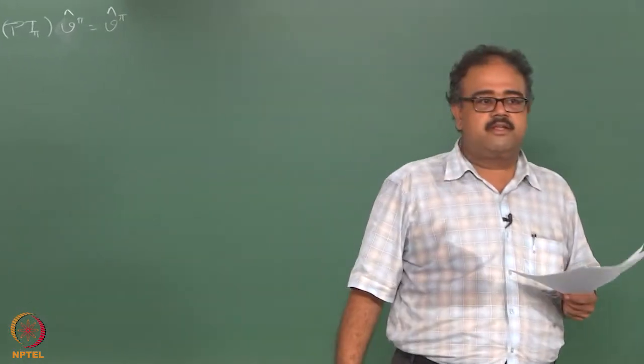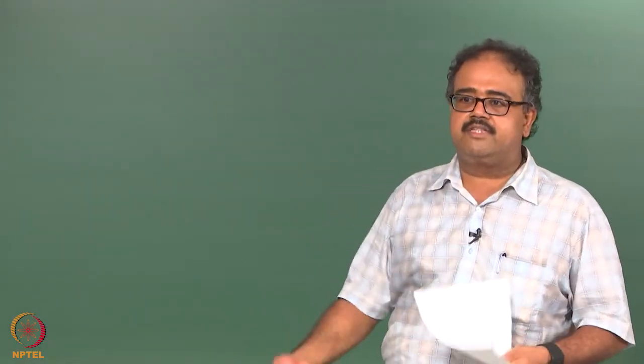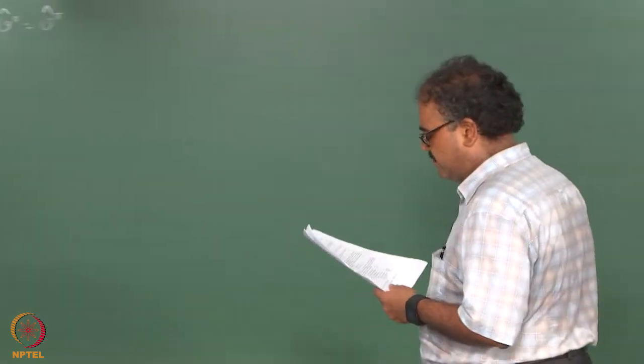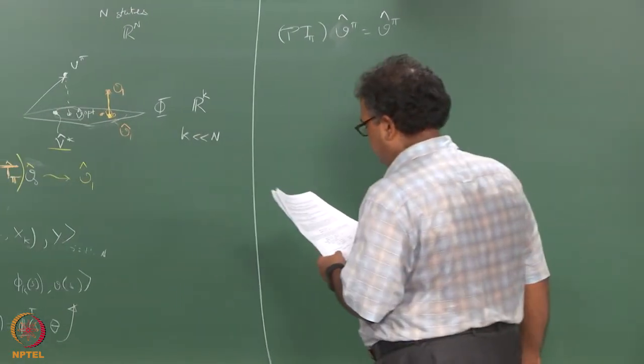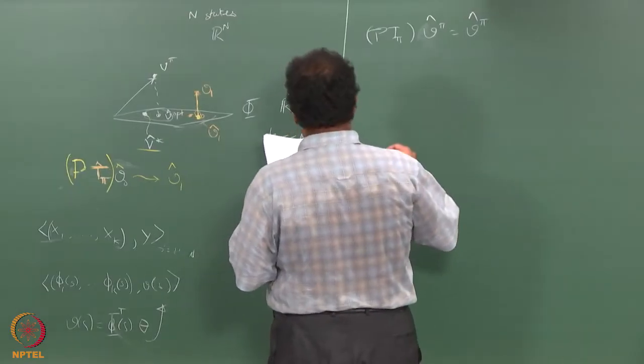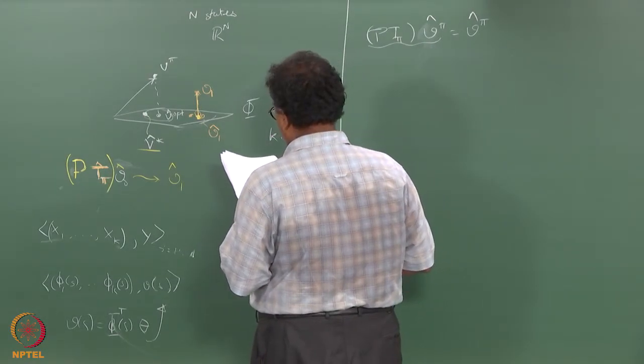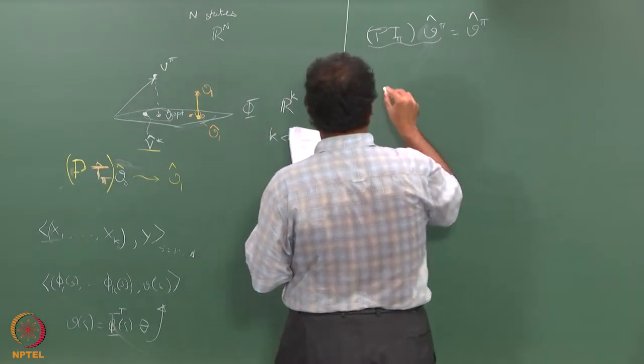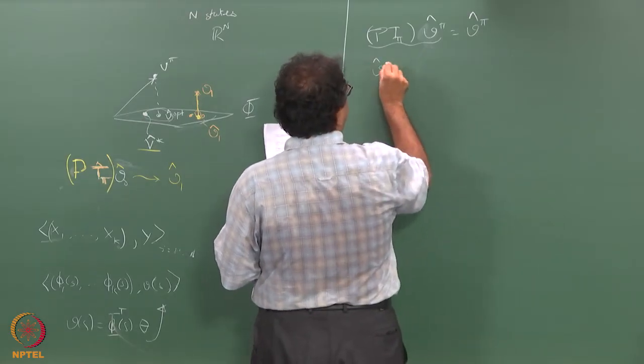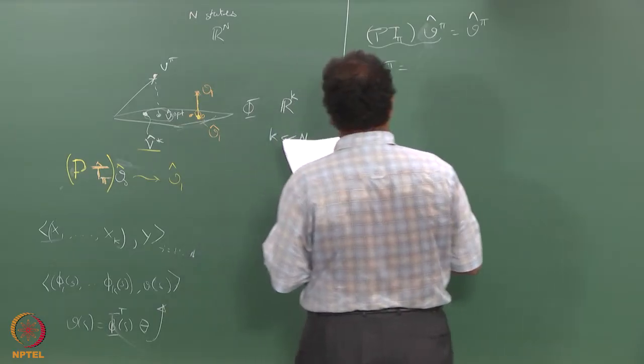This is my fixed point. This is essentially what I want to achieve. I want to get to my fixed point solution. So if I get to my fixed point, what will I have? What will this look like?